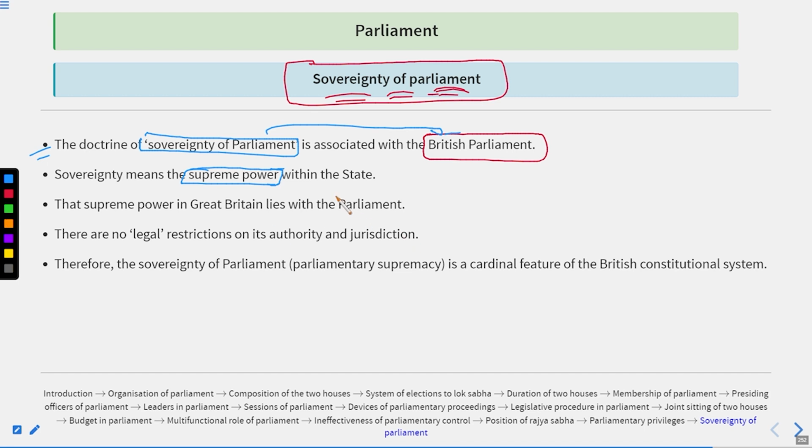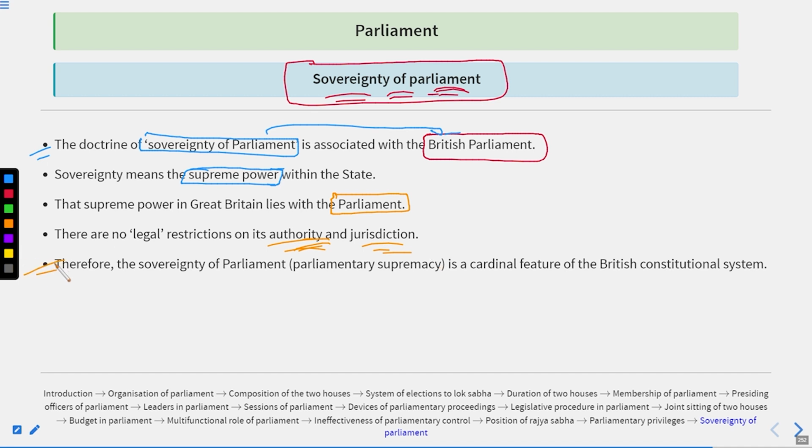Why? Because there is an unwritten constitution, so the Parliament is the one which defines the provisions in constitutional matters. There are no legal restrictions on their authority and jurisdiction because no legal restrictions have been written down and defined clearly anywhere. Got it?